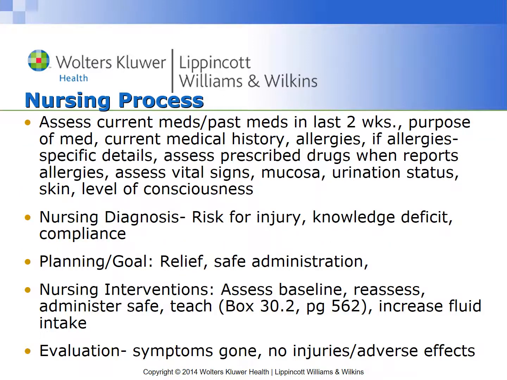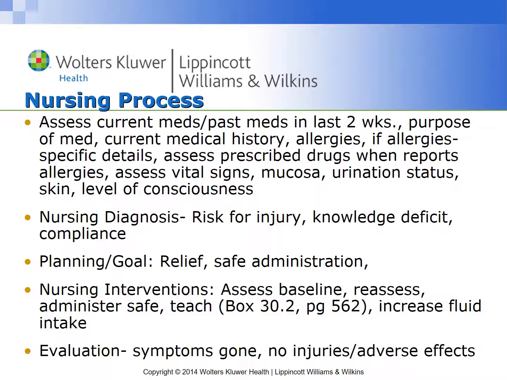So our nursing process is going to be to assess what current meds they're on, what past meds they've been on in the last 2 weeks, thinking about that MAO inhibitor. What's the purpose of the med and their current medical history, if they have any allergies. If they have allergies, we want specific details.